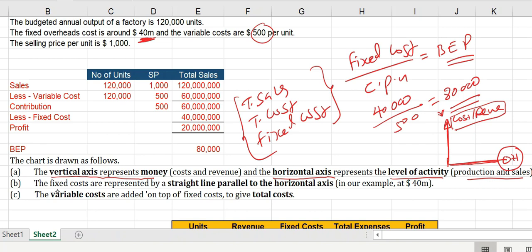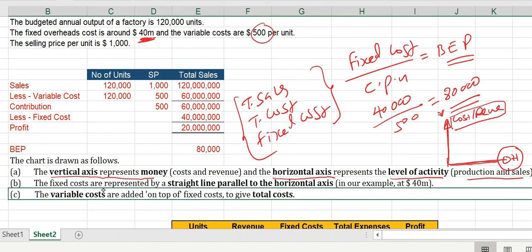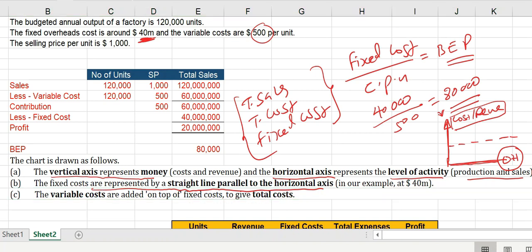Then the fixed costs are represented by a straight line parallel to the horizontal axis. So this is the fixed cost, parallel to the horizontal axis, simply because the fixed cost will not change regardless of your production level.